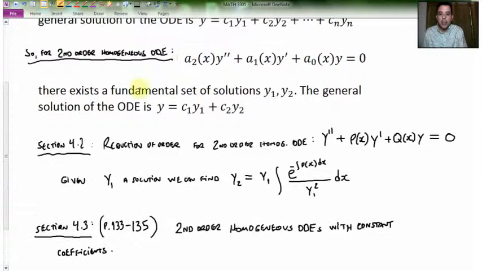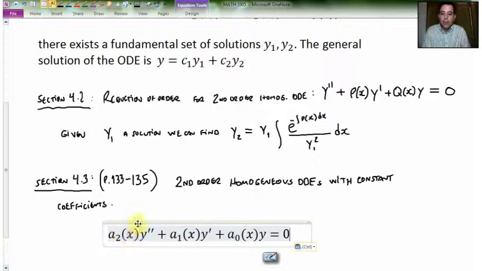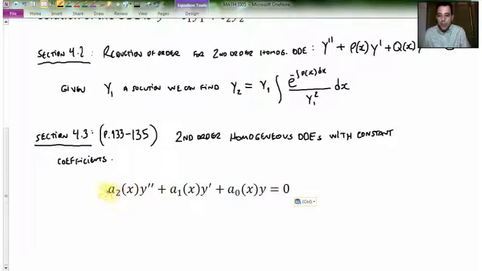It basically looks like this, so let me copy that. But instead of functions of x, these coefficients will be constants. So I can maybe put the general case here.